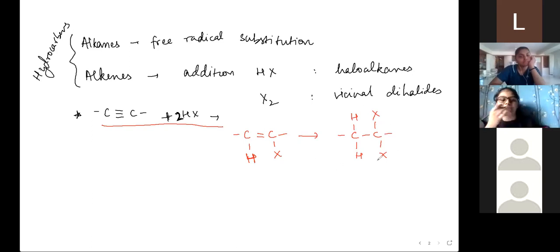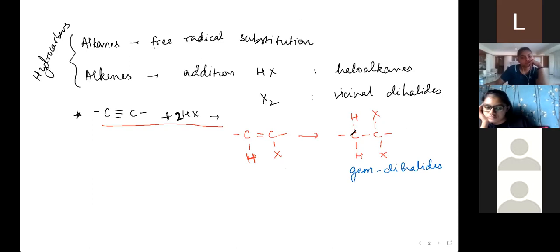What type of a dihalide is this? Shantanu, you guys also can answer, you're also part of the class. This is something we discussed in the previous class. Vicinal? No. Geminal. Yes. So these are called gem dihalides.